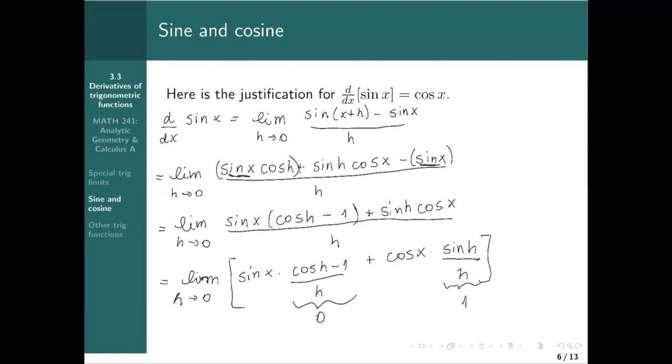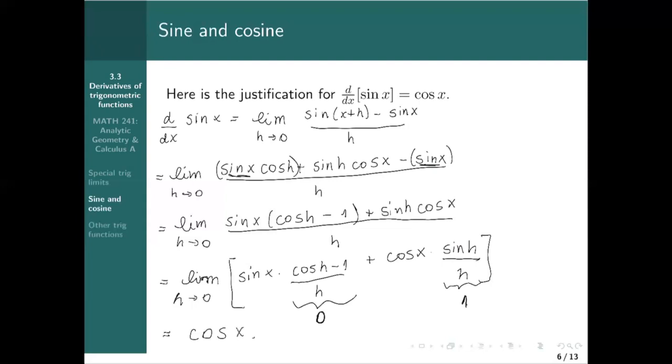So this is equal to 1. This is equal to 0. And the fact that we have a 0 here is going to make the first term equal to 0. So this limit is simply going to be equal to 1 times cosine of x. So that is equal to cosine of x.